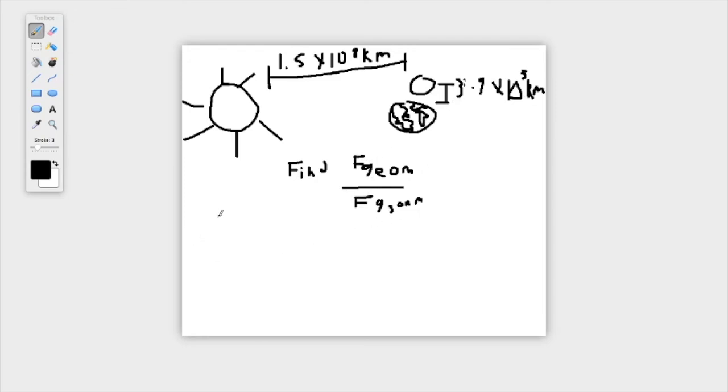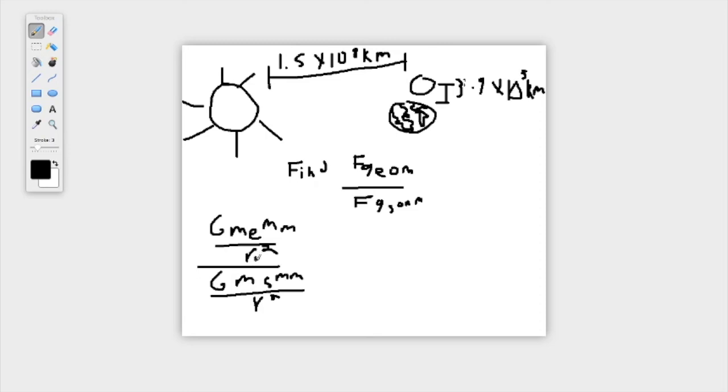So let me just rewrite that as G M_E M_M over R squared, over G M_S M_M over R squared.